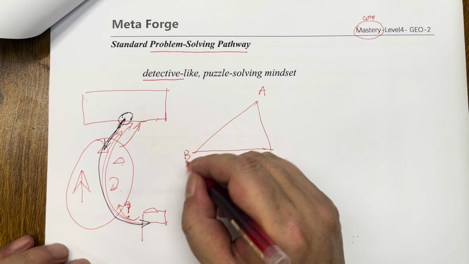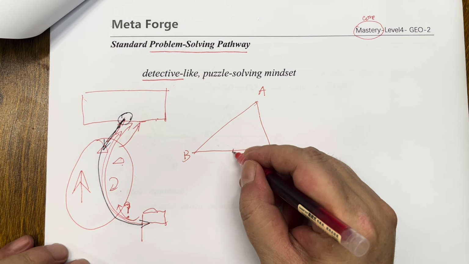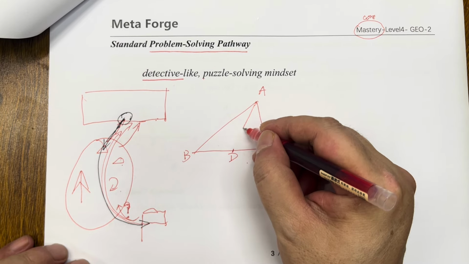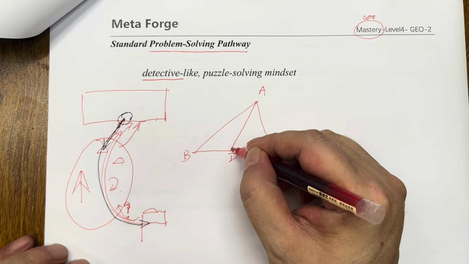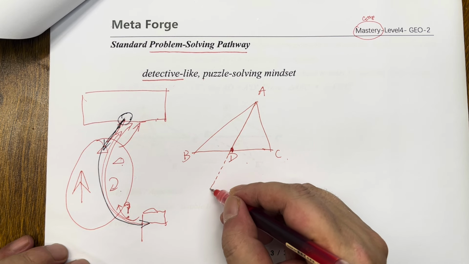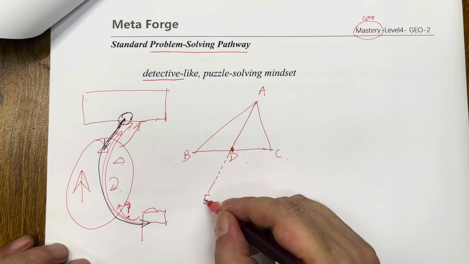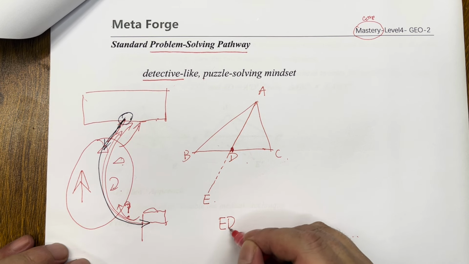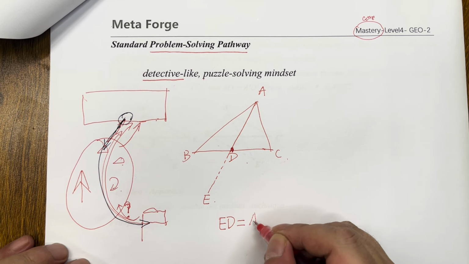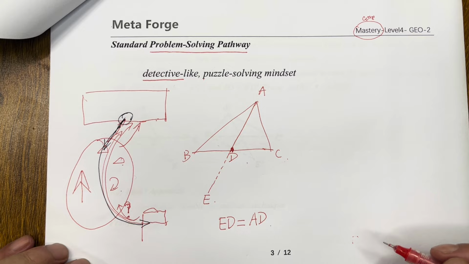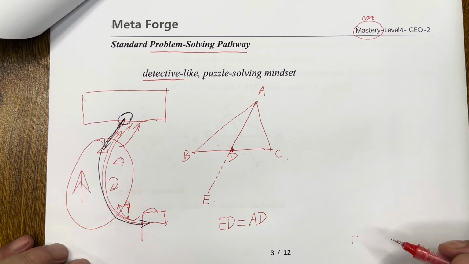A, B, C. D is the midpoint. AD is the median. Double it. Double AD to E, let ED equal AD.